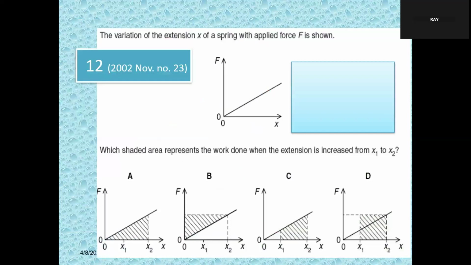How about this one? Remember, C, memory work only. The extension changes from x1 to x2, so area under the graph is on this axis, not on this axis.